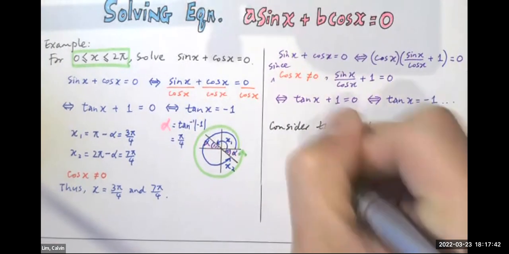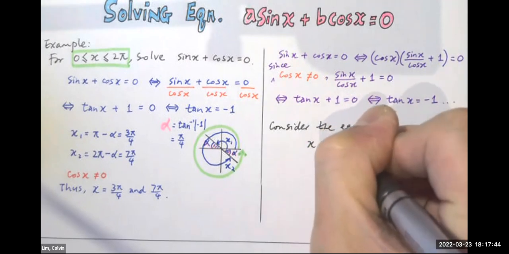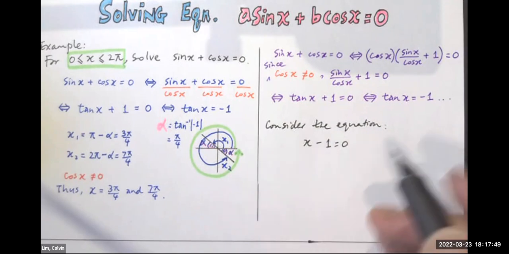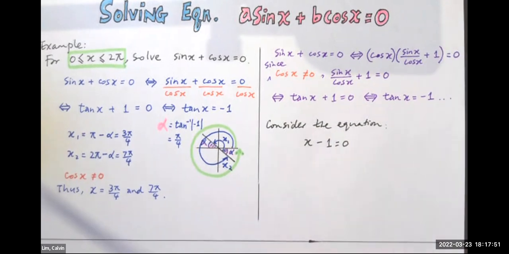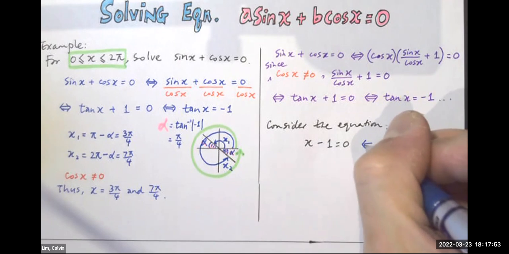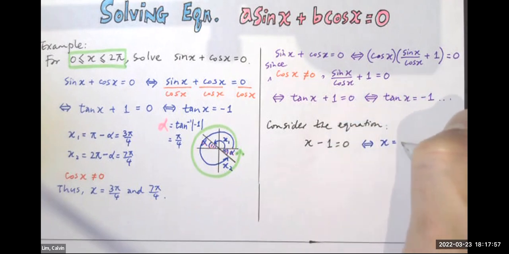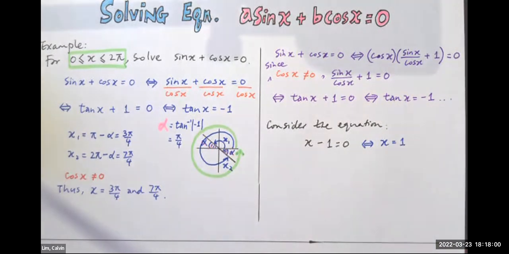Consider this equation, x minus 1 equals 0. It's a very simple equation, and we know from experience that if we add 1 to both sides, we obtain the solution to this equation, which is 1.